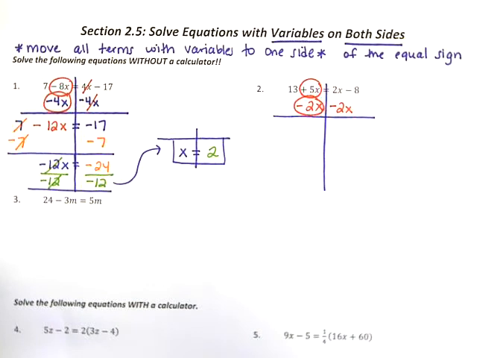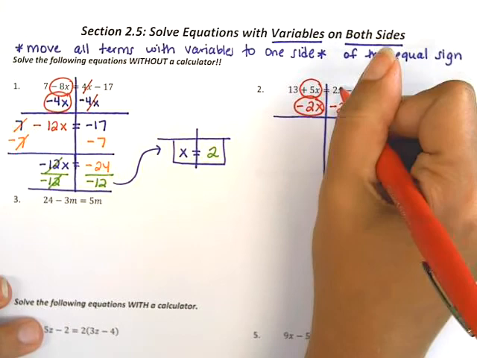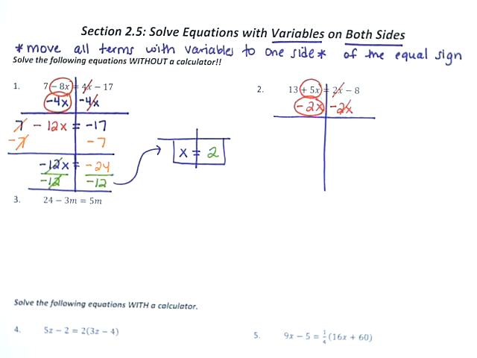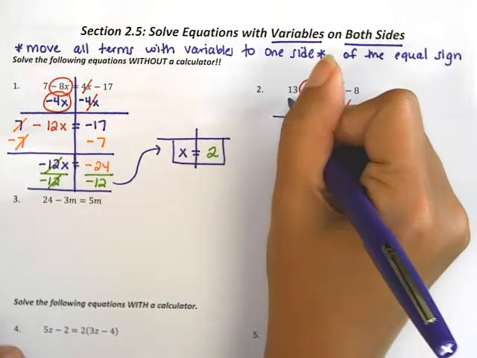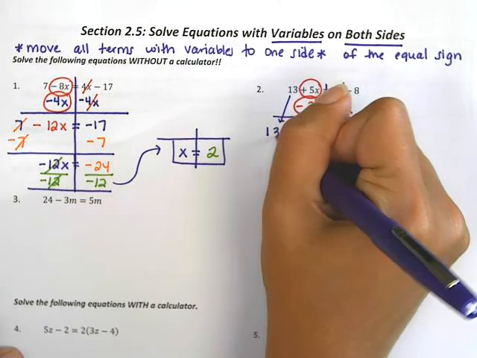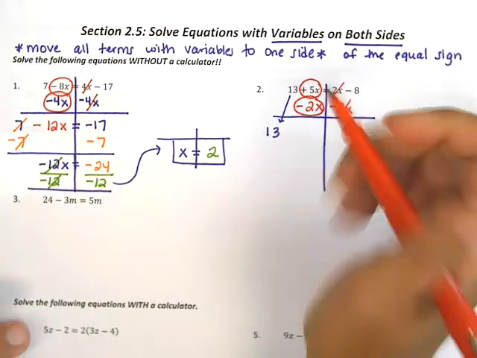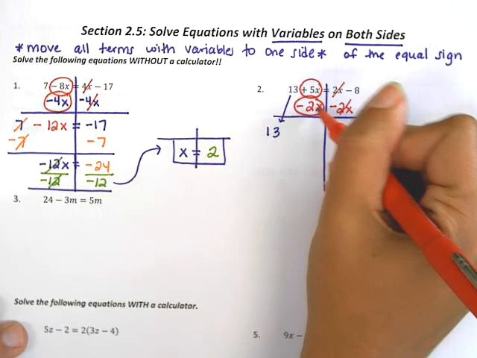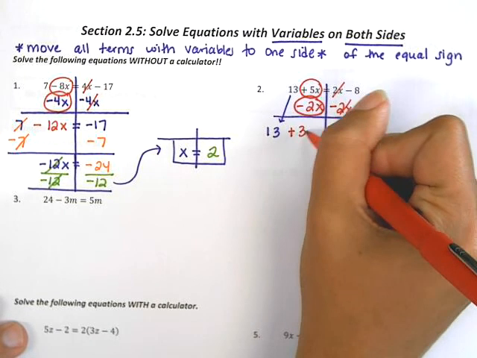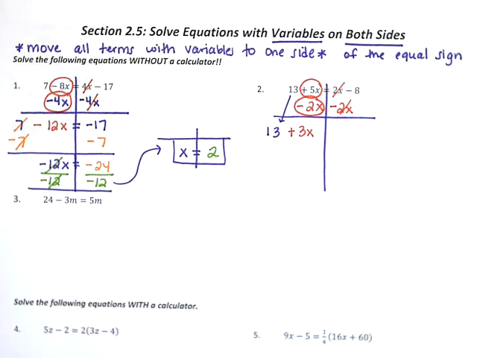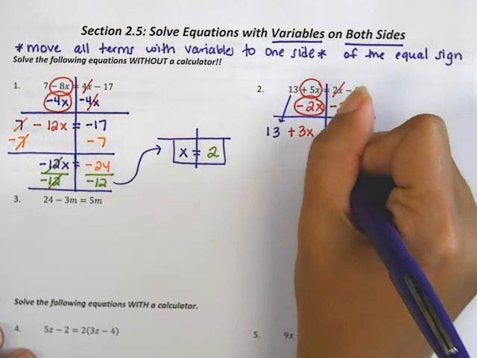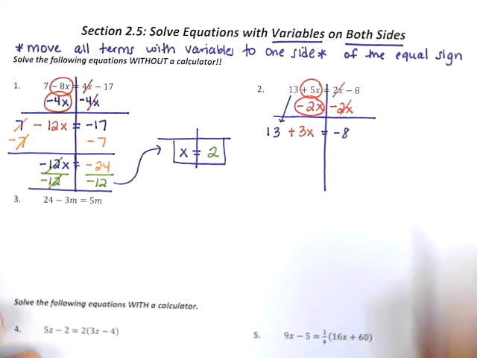And on the right side, the 2x and the minus 2x cancel, which means I'm just going to drop down the 13, don't change anything. 5x minus 2x would be positive 3x. And on the right side, I would get negative 8. Just drop down the negative 8.